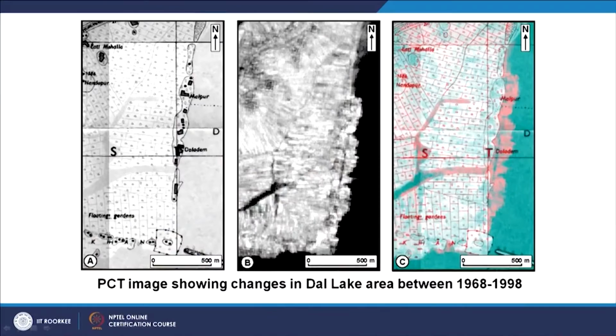I will show you some blow up of these parts. This is of course the black and white scanned map, and here is the area where things have been encroached, and as you can see very clearly, all these red areas are showing growth of vegetation. And see, this channel has also been blocked; these channels have also been blocked.